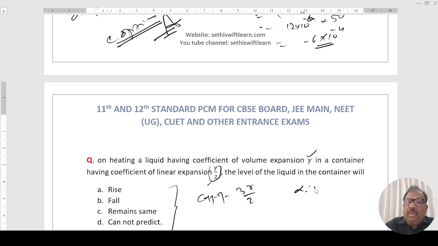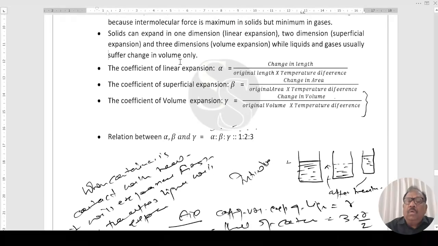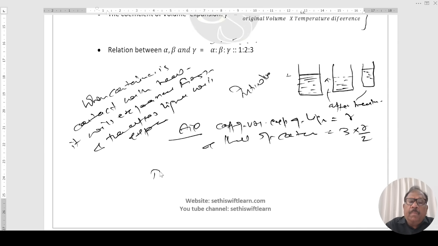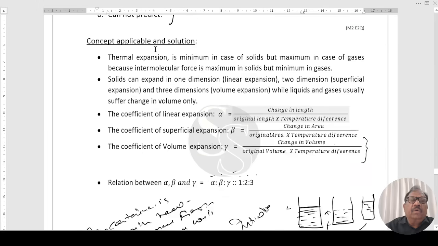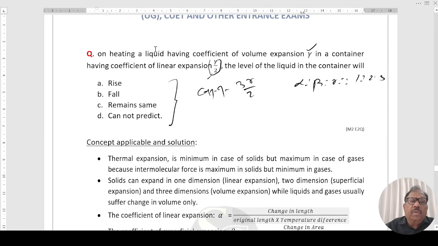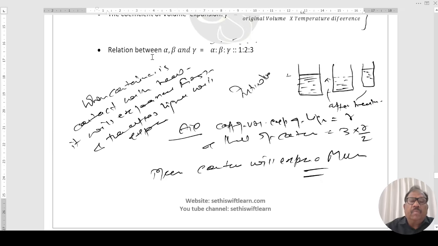And as alpha is to beta is to gamma is 1 is to 2 is to 3, the container will expand more. Right? Therefore, the correct answer will be option B.